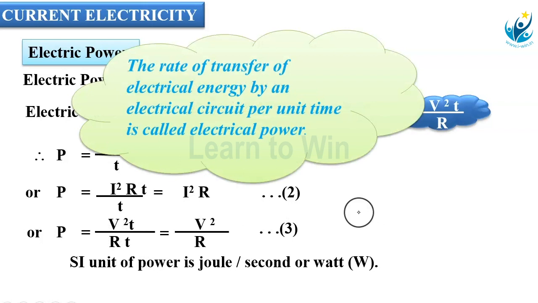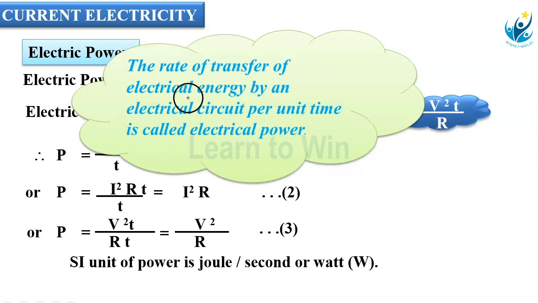The rate of transfer of electrical energy by an electric circuit per unit time is called the electric power. Amount of electrical energy, that is work done by an electrical circuit per unit time T equal to 1 second.